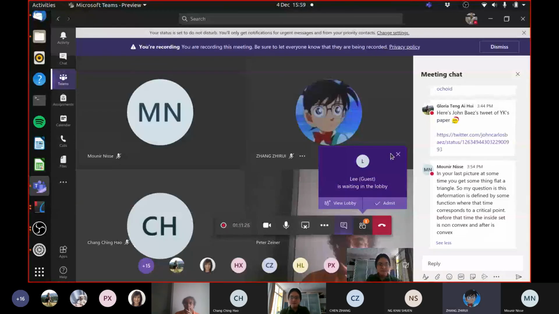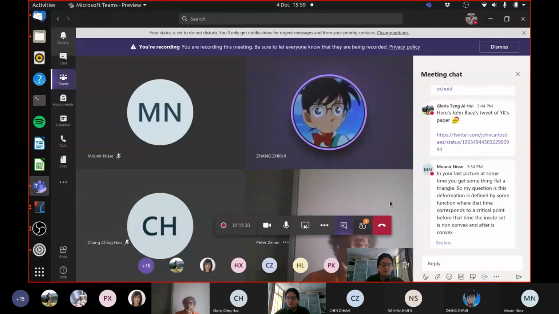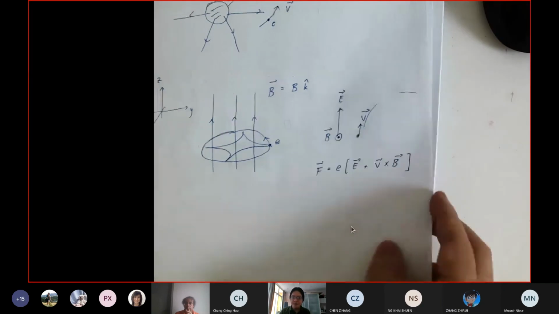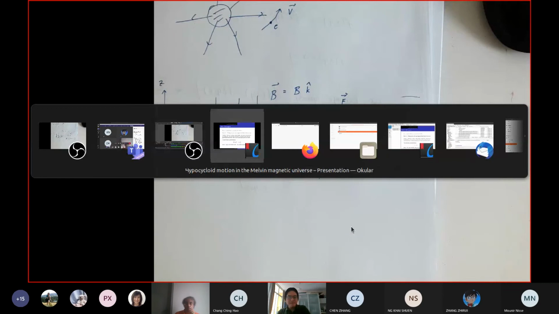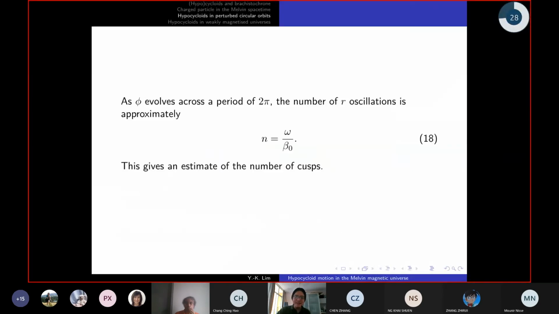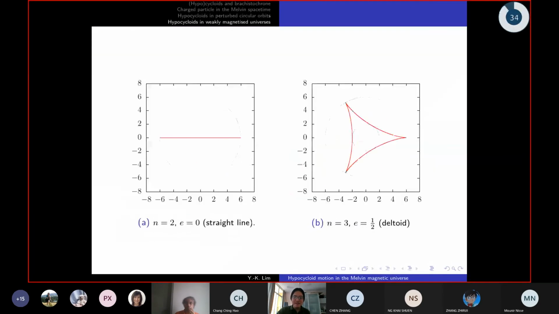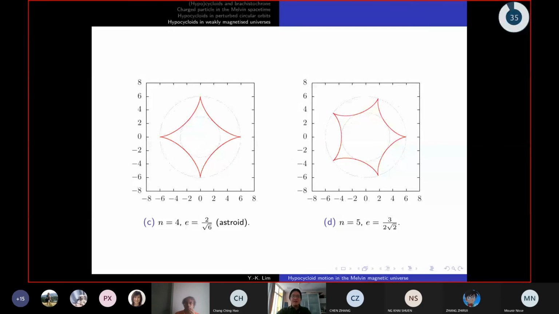So everything is on the horizontal plane. In this picture, I should have said in the beginning, for pictures like this, the magnetic field is coming out of the picture, perpendicular to this plane, out of the paper.